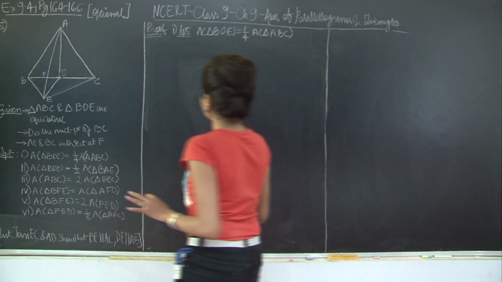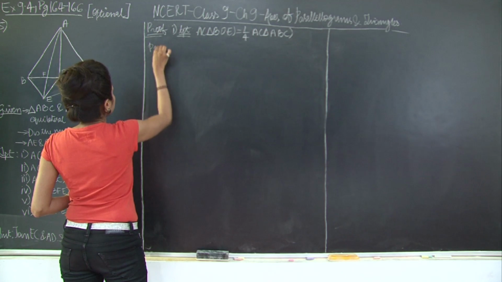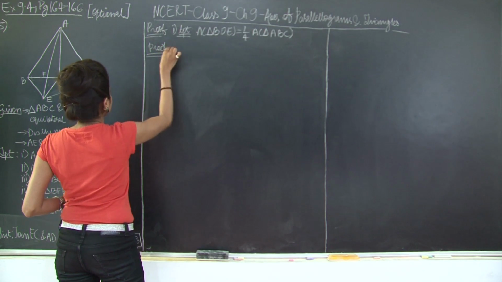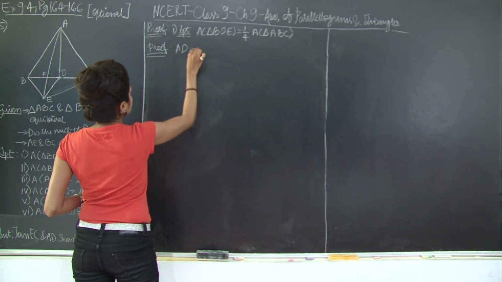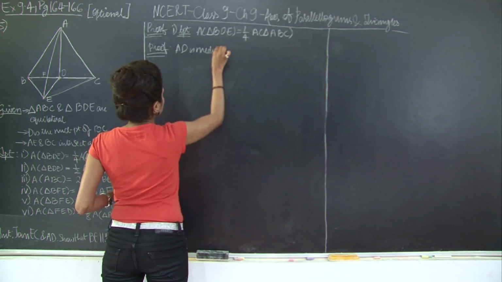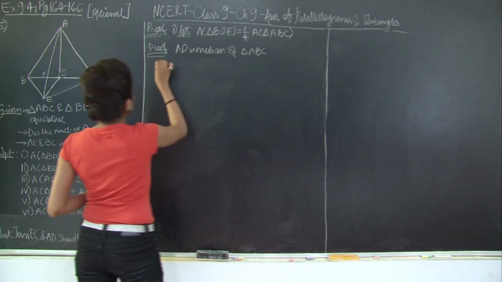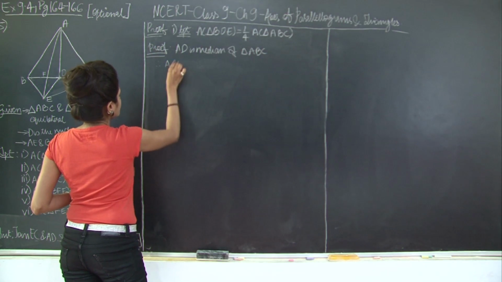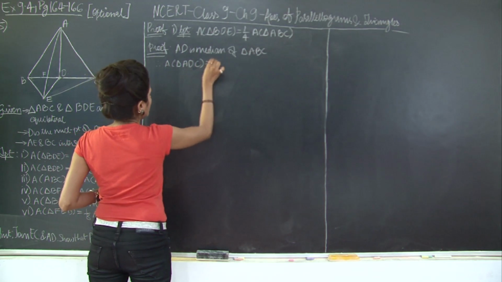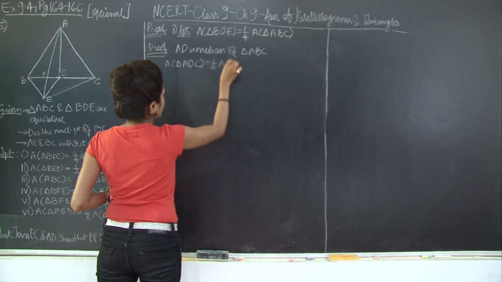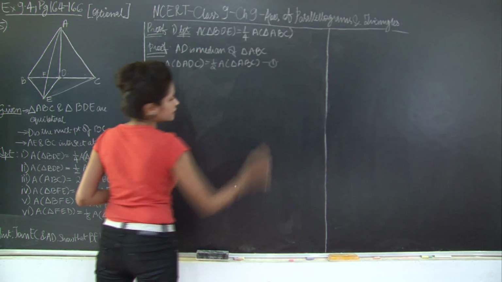Let's write this down. So I'll say, proof for part 1. AD is median of triangle ABC. Therefore, area of triangle ADC is equal to half area of triangle ABC. Let's mark this as 1.